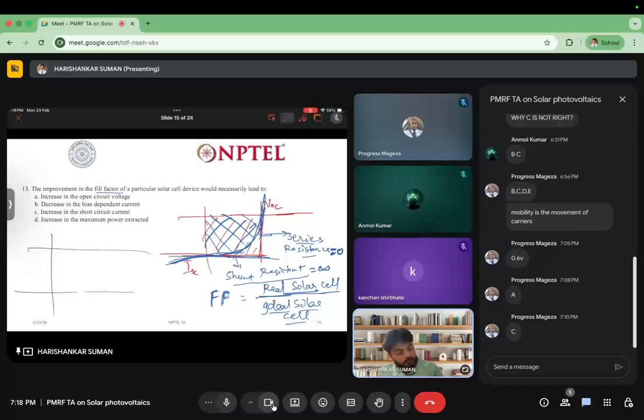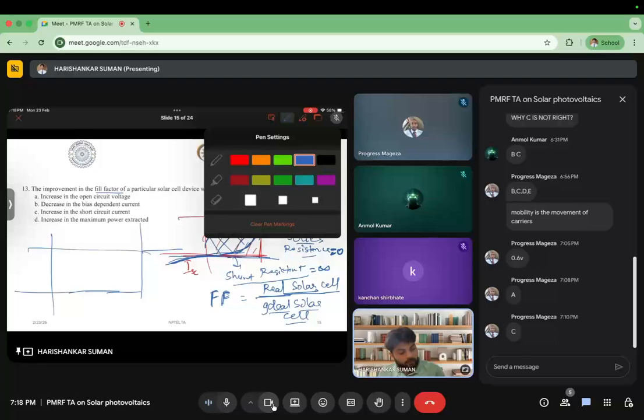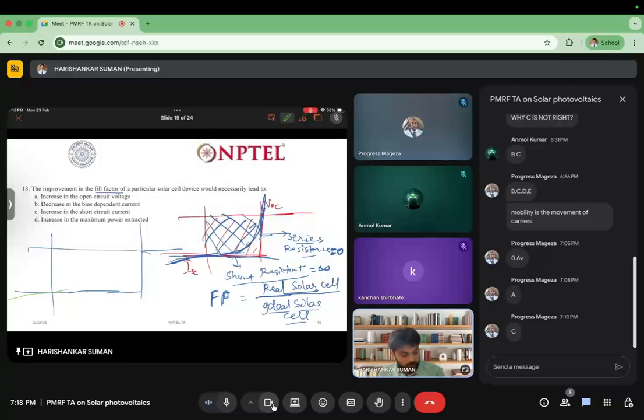Let me take one solar cell which is curved like that, at the same point, but this area is different from the one.